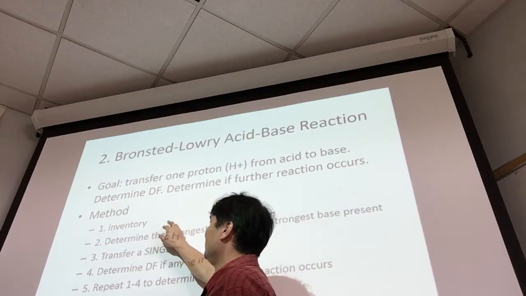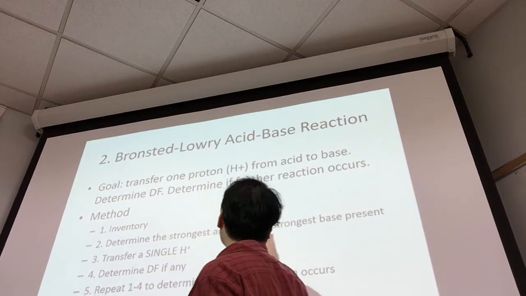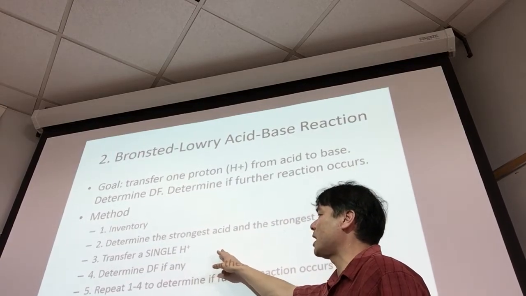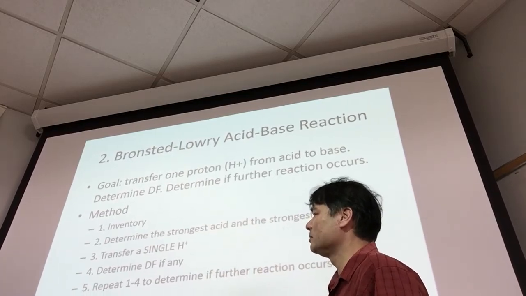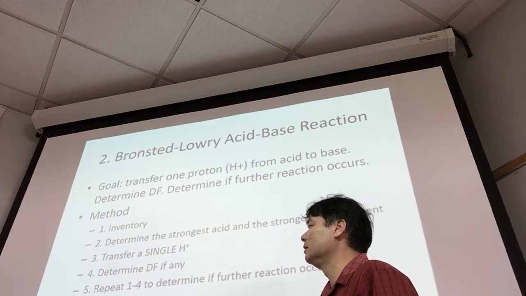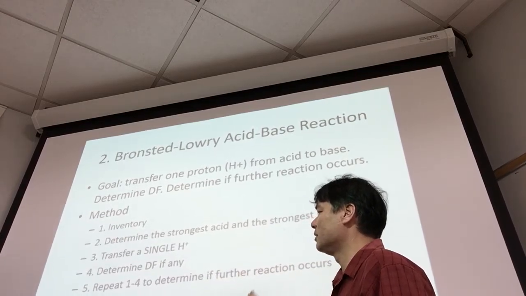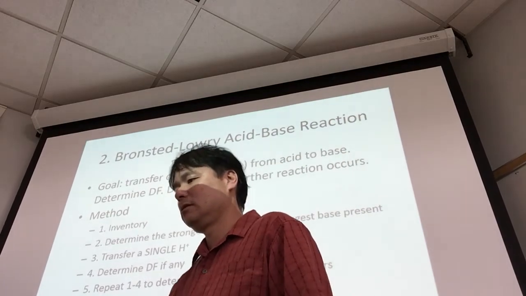We do what's called an inventory. I'll talk about that. Then we determine the strongest acid and the strongest base present. Then we transfer a single proton from the strongest acid to the strongest base. The strongest species are the species most likely to react because they're going to be the most reactive. Determine the driving force if necessary, and then repeat if further reaction occurs.